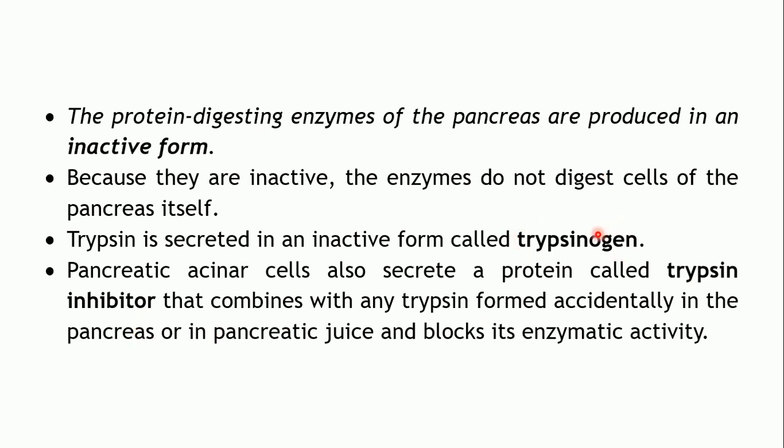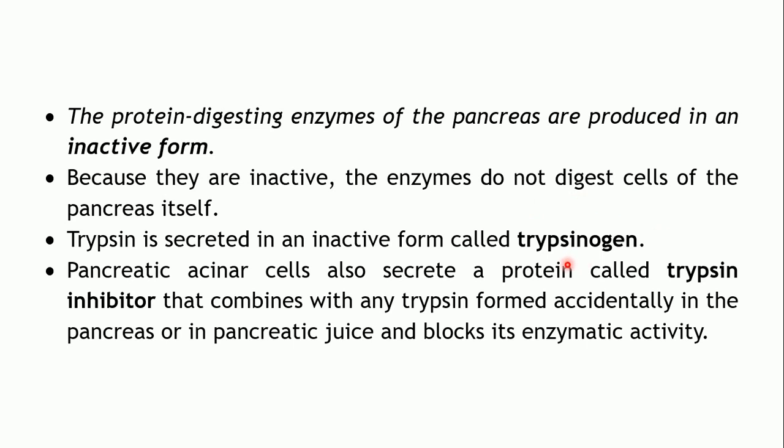Actually, trypsinogen activation to trypsin does not take place in the pancreas. But in case there is any accidental activation of this trypsinogen to trypsin, what will happen? It will start digesting the proteins in the pancreatic cells. So to keep this enzyme inhibited, a special protein is secreted, that is trypsin inhibitor.